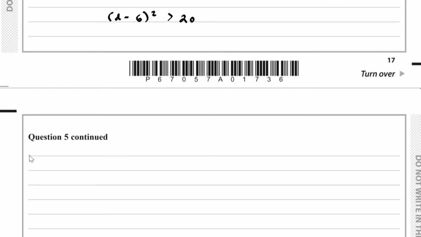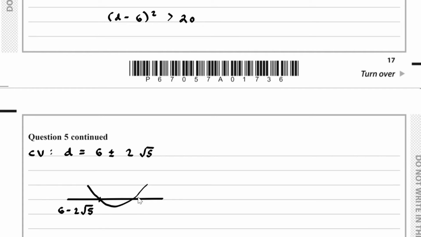And if we find our critical values, we've got d equals 6 plus minus 2 root 5. And if I draw a quick sketch to help solve this, we've got 6 minus 2 root 5, and then we've got 6 plus 2 root 5.